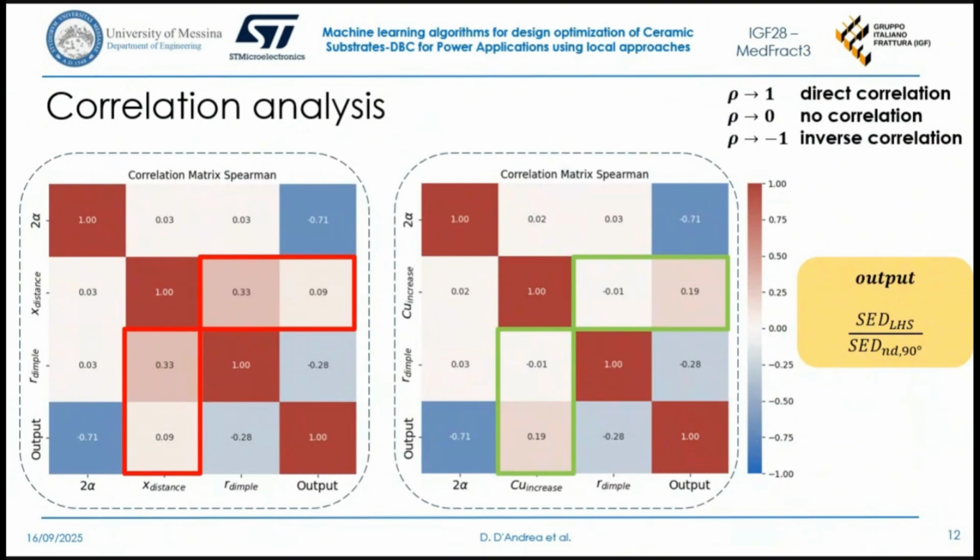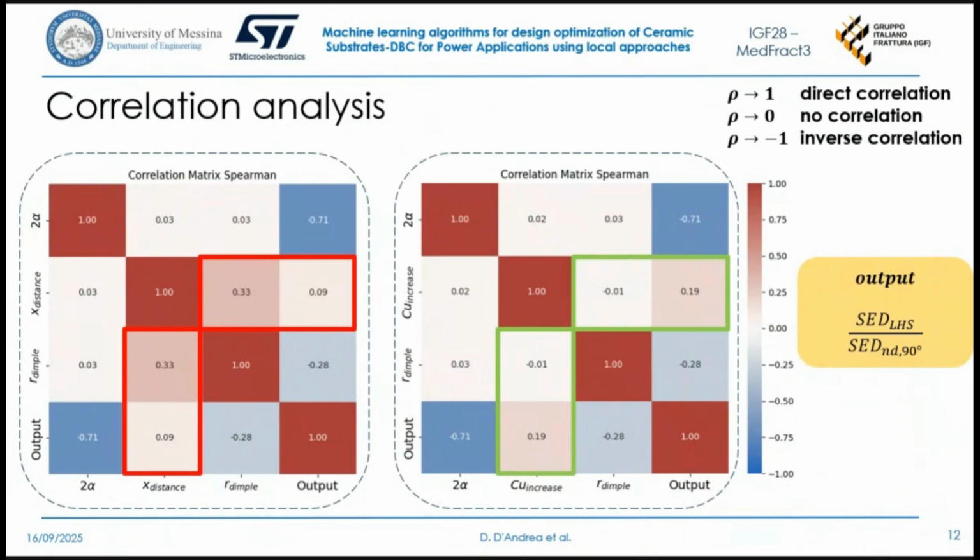On the graph on the left, we can see that a correlation between the X distance parameter and the dimple radius parameter was detected, but it was obvious because X distance was the sum of dimple radius and another variable which was copper increase, and this affected the machine learning algorithm in the end.